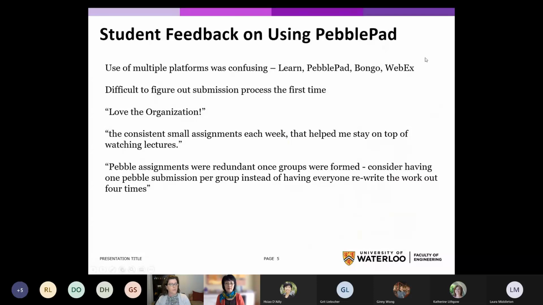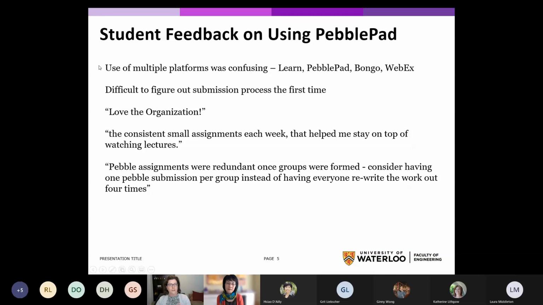All right, so I pulled some of the feedback that I received, in particular about using PebblePad, from my course feedback. These are actual student comments. The first one was, the use of multiple platforms was confusing.